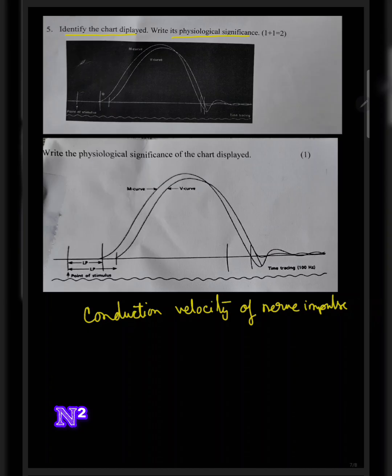Here it's a simple muscle curve only, but there are two simple muscle curves with different nomenclatures: the M curve and the V curve.